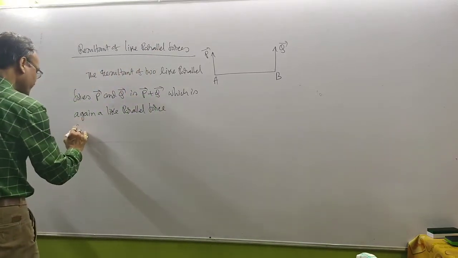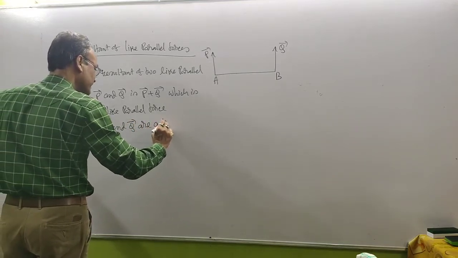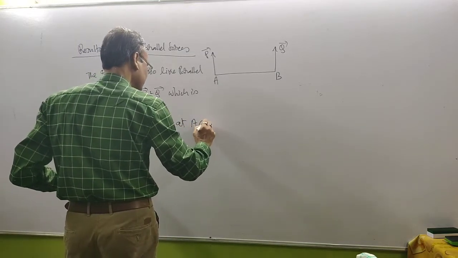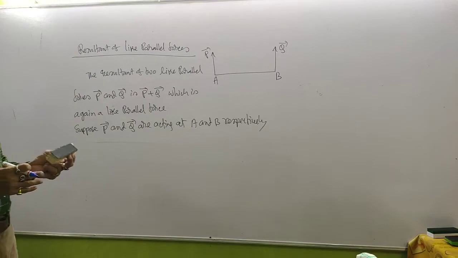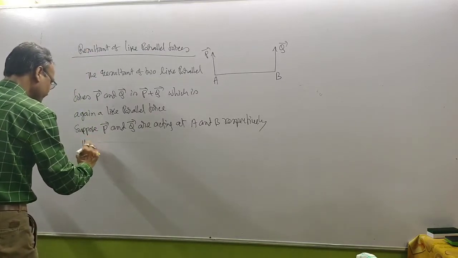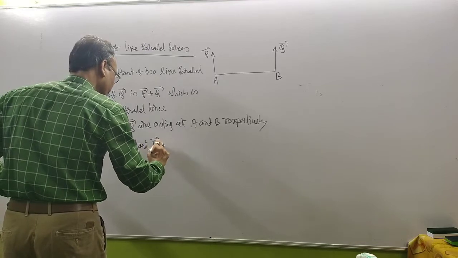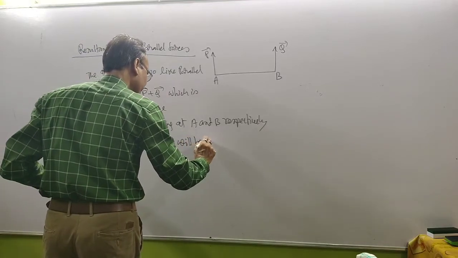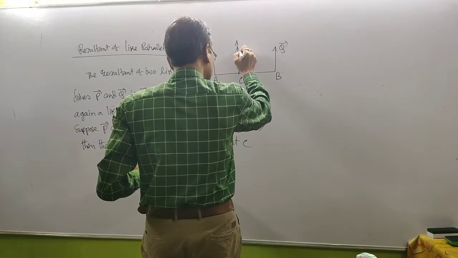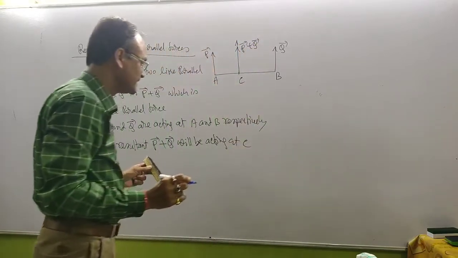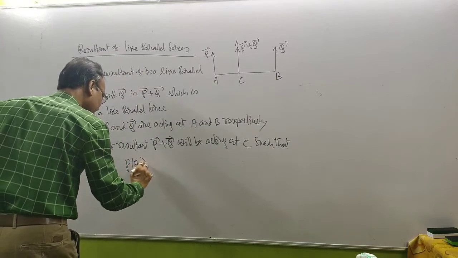Suppose P and Q are acting at A and B respectively, then their resultant P plus Q will be acting at C, such that P into AC equal to Q into BC.